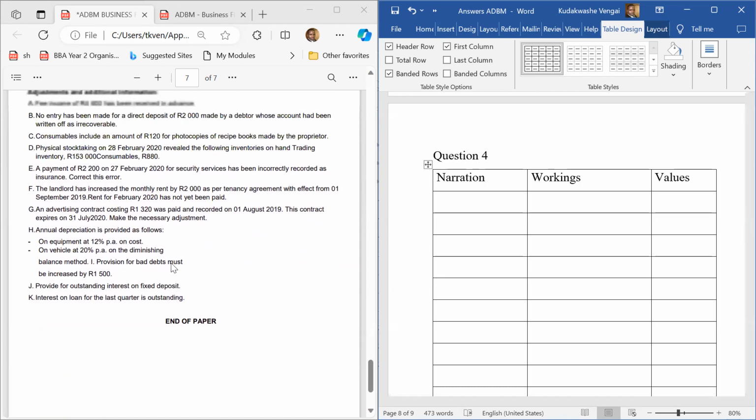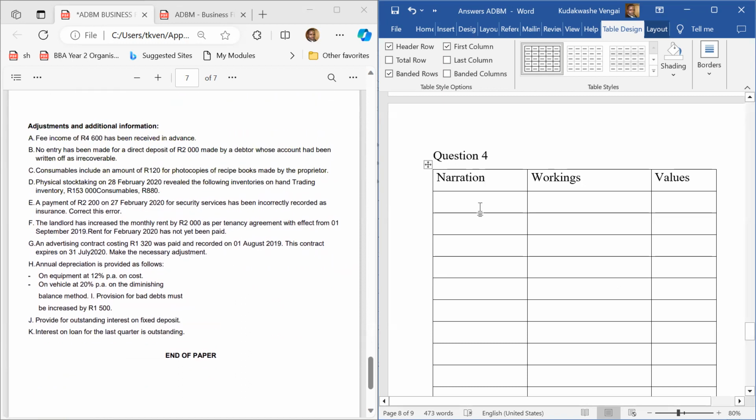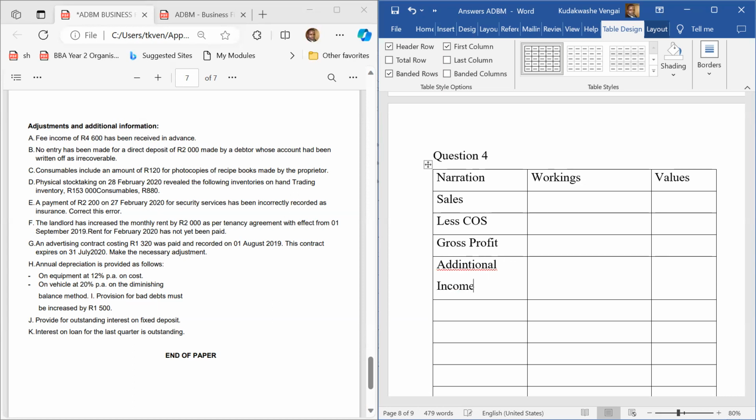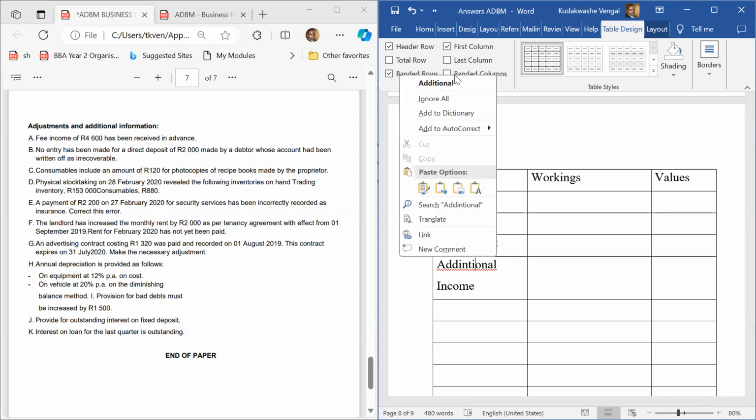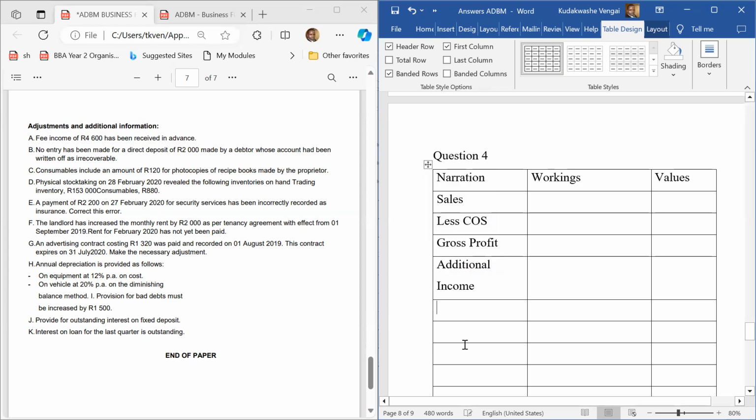Right. So remember, your income statement, you're going to have your sales, less your cost of sales, and then that gives you a gross profit. And then you've got your additional income, and there will be different types of additional income.